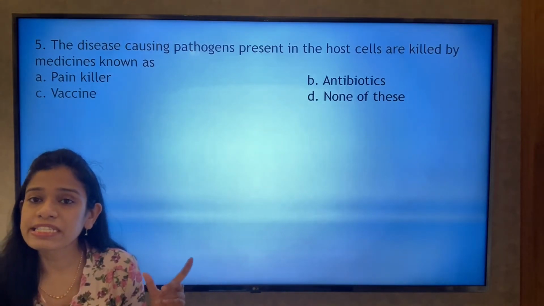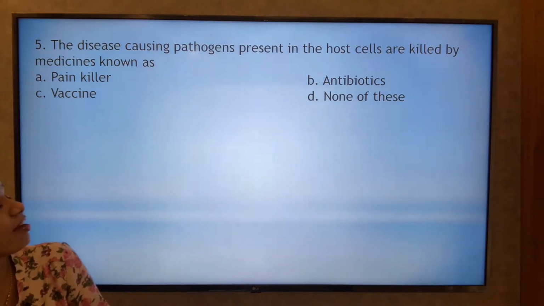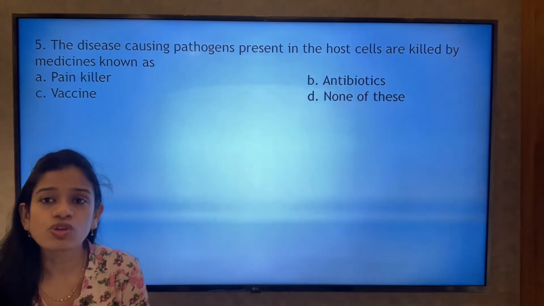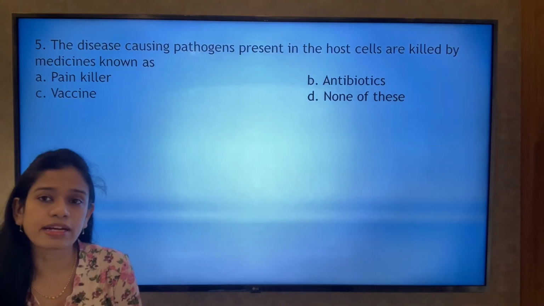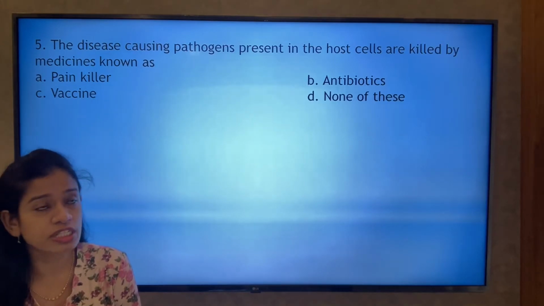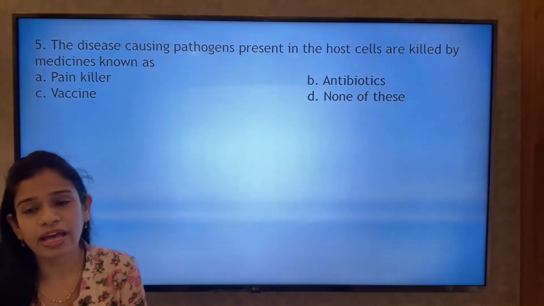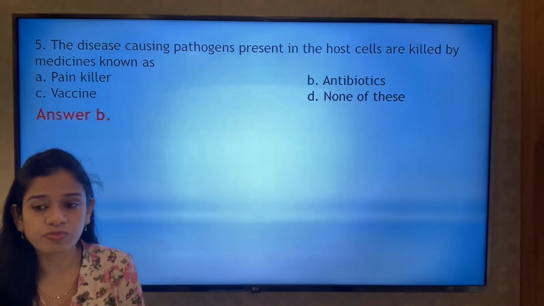That particular section of the medicine is known as painkiller, antibiotics, vaccine or none of these. So the correct option is B, antibiotics, which kill the disease-causing pathogen present in the host cells.